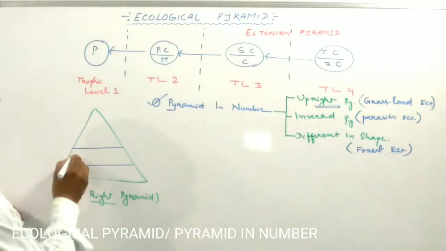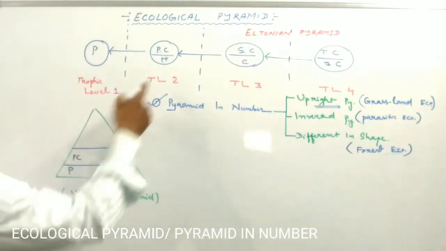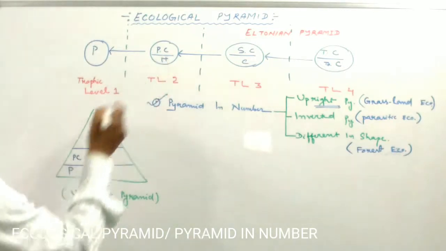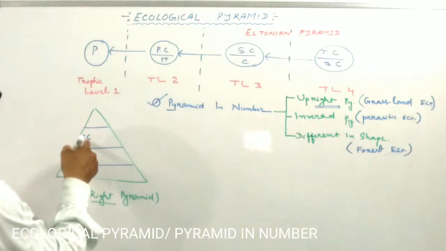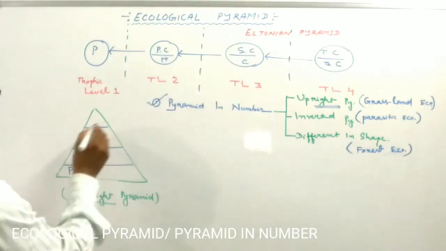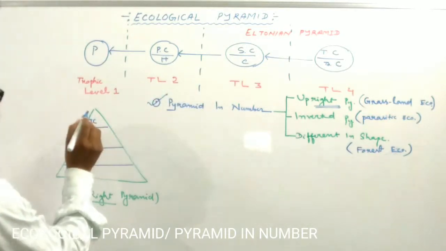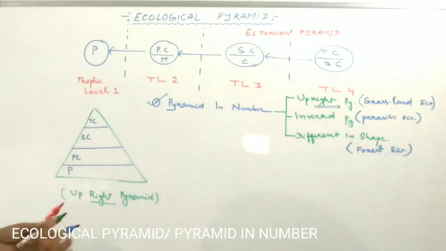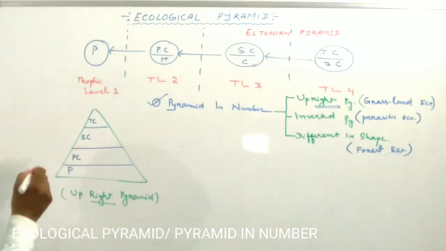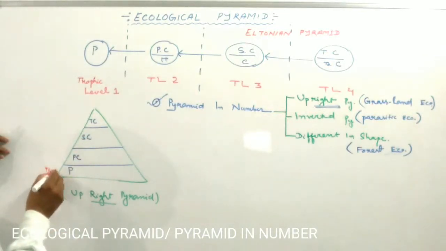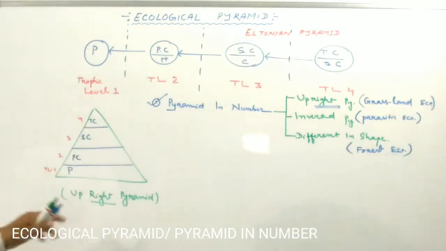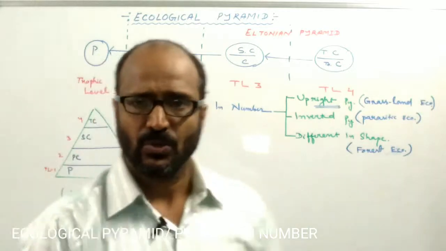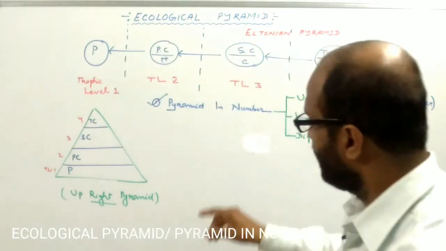This is the producer, this is the primary consumer, trophic level 2, this is the secondary consumer, trophic level 3, and the top consumer, trophic level 4. So in the upright pyramid here we have 4 trophic levels.